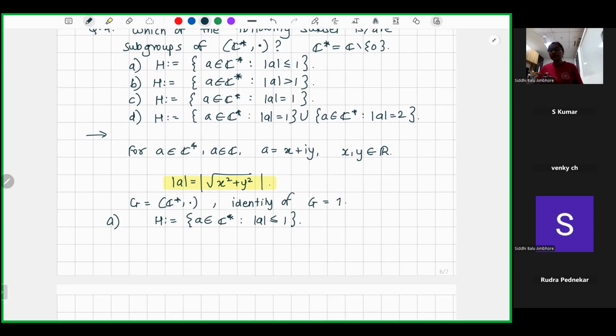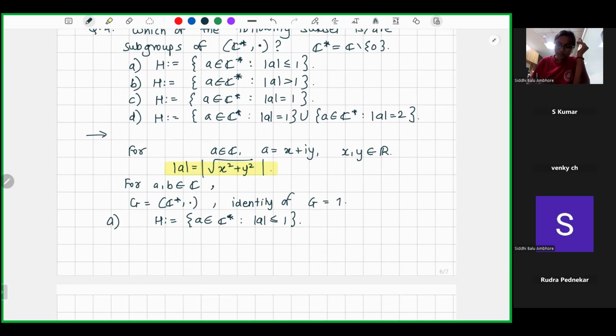So, one more property of this modulus is, for A, B in C, these are properties of C actually.